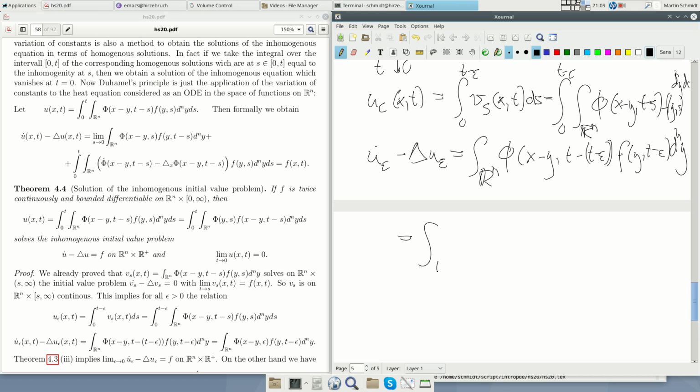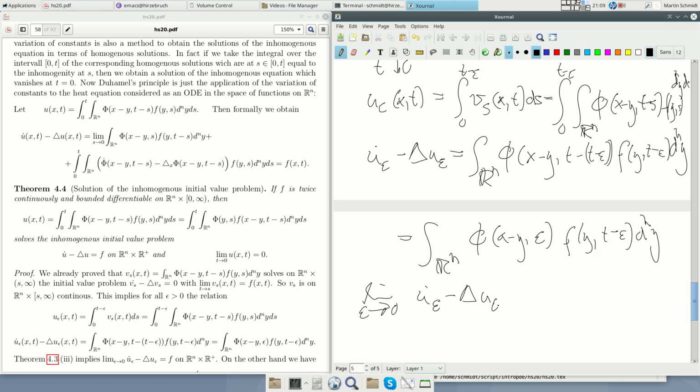Okay, and this is the integral over Rn of phi of x minus y, epsilon, f of y, t minus epsilon dy. Now if we take the limit epsilon goes to 0, then by the theorem before, this is the initial value, so this is just f of x and t.